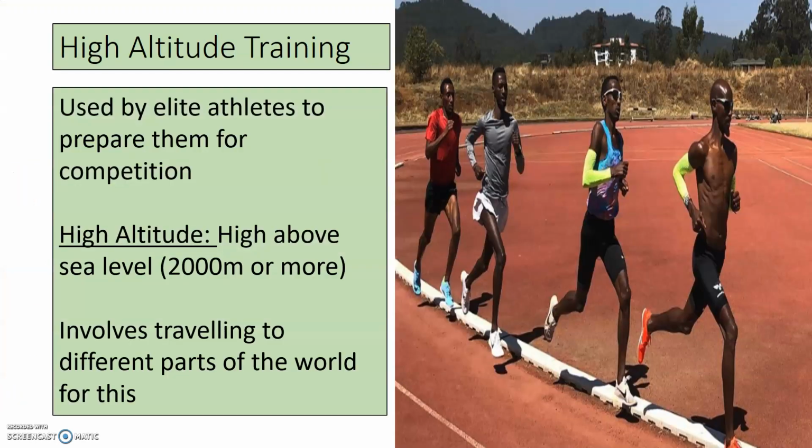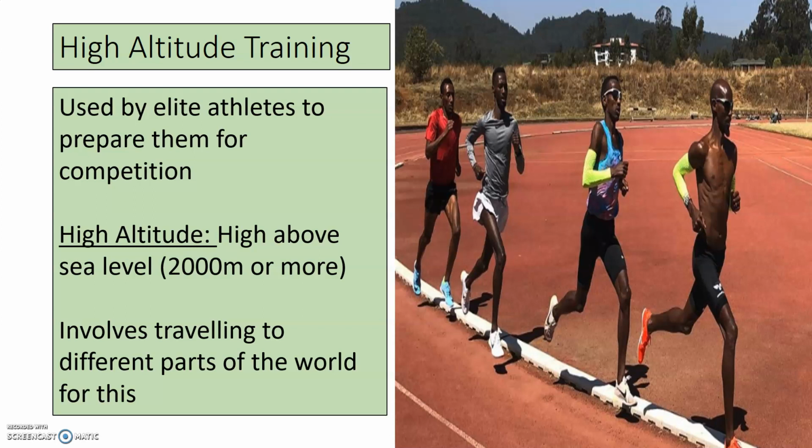So if we first and foremost look at this concept of high altitude training, this is a type of training which is used by elite athletes, top athletes, which prepares them for their specific competition. So when we talk about high altitude, we're talking about how high above sea level we are exercising.